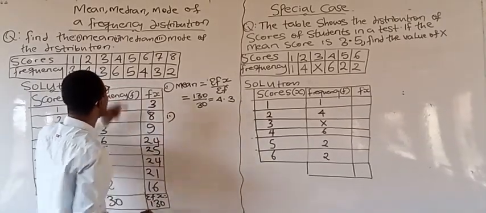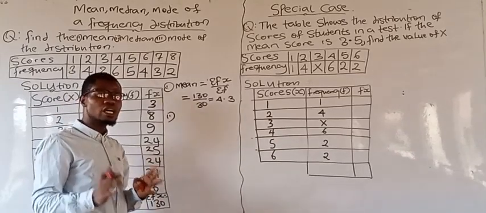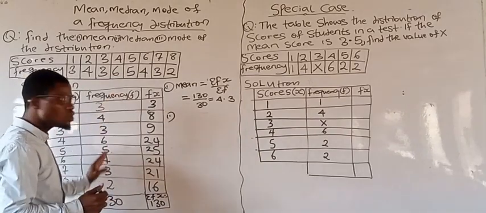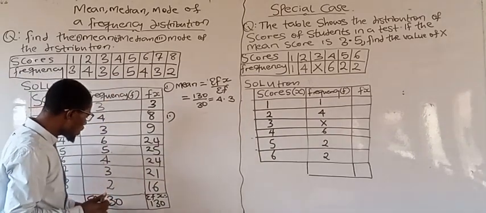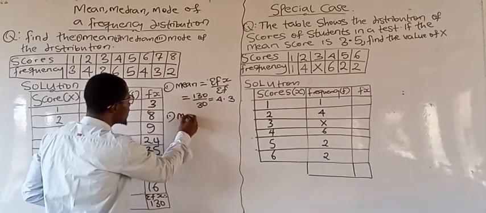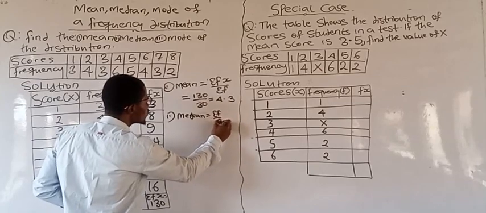So Roman figure 2, we are asked to calculate the median. In order for us to calculate the median, the first thing is to come down to your frequency table. Your summation f here is an even number. So median is equal to summation f over 2.